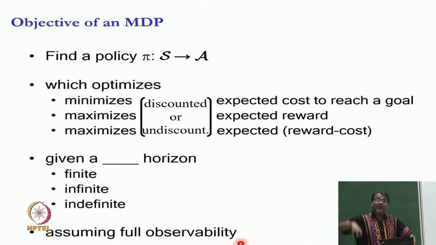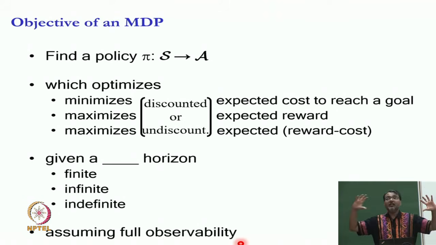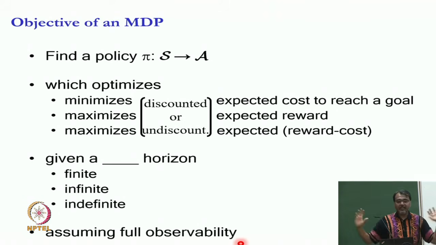So, now I know exactly the state I am in, because I know exactly what happened. Because I know exactly the state I am in, I can still again look at the policy table and figure out which action to do and execute it. So, in the world where there is full observability, a policy is a good solution to my problem, because I always am aware of my state completely.